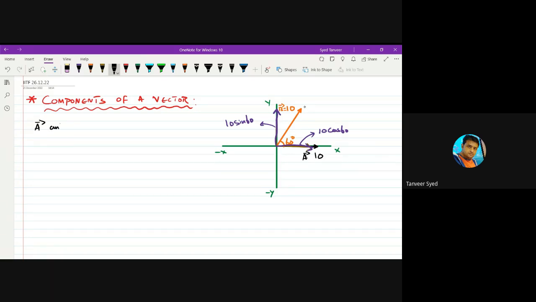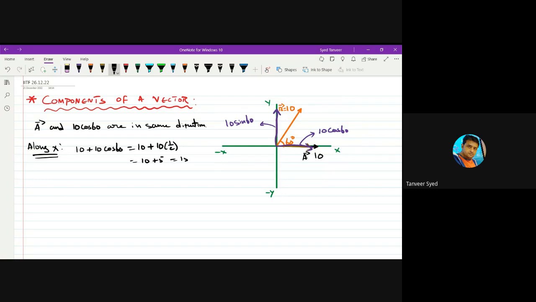Vector A and 10 cos 60 are in the same direction. Therefore, along the x direction, we have the resultant 10 plus 10 cos 60, where cos 60 is 1 by 2, which is 10 plus 5, which is 15.